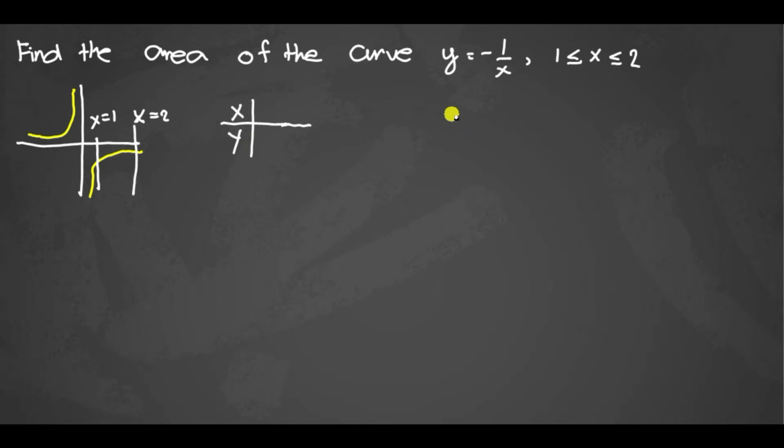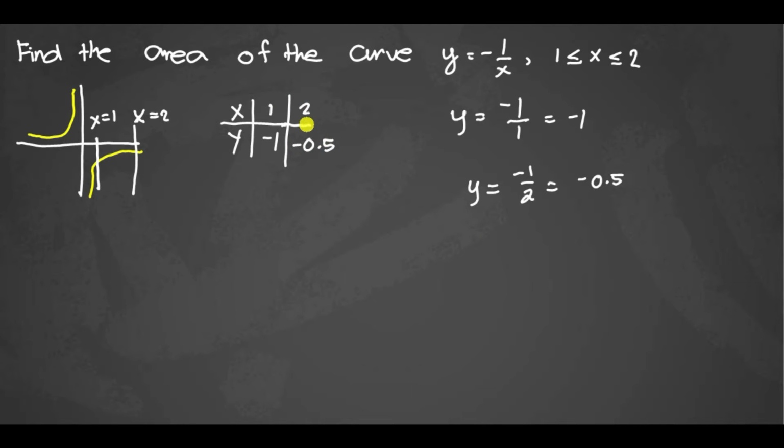Looking at our function, y is equal to negative 1 over x. Now, if x is equal to 1, then y is equal to negative 1. If x is equal to 2, then y is equal to negative 1 half. That is negative 0.5. That is 2, negative 0.5.